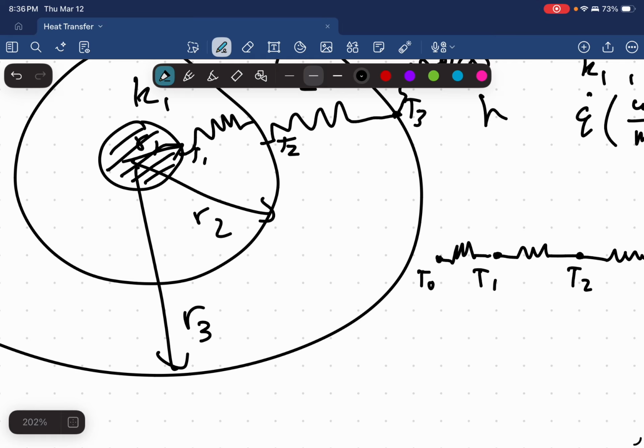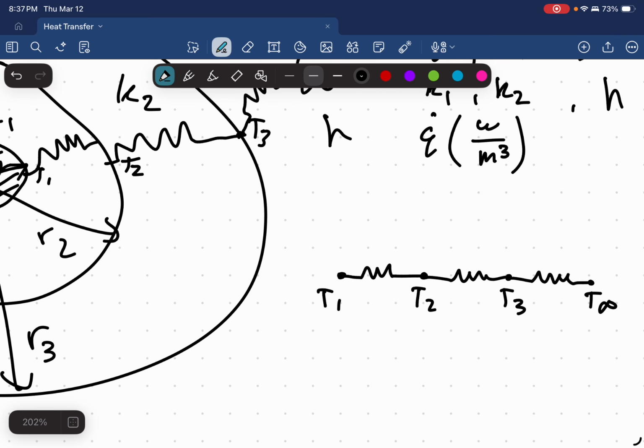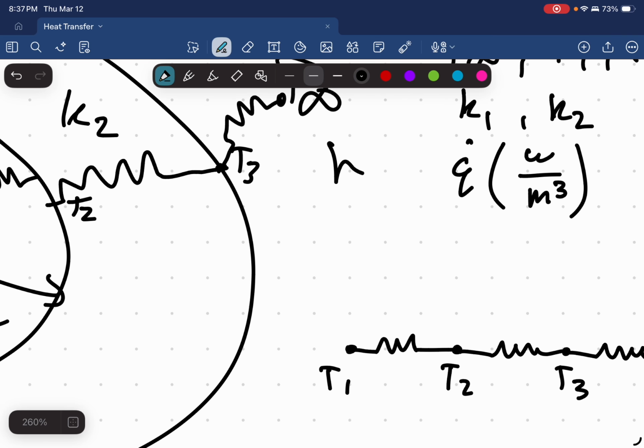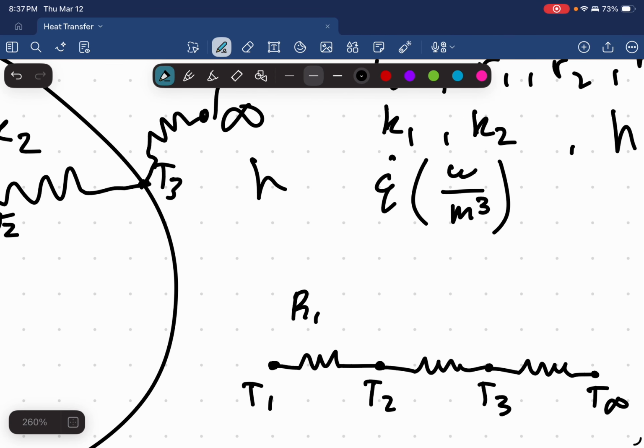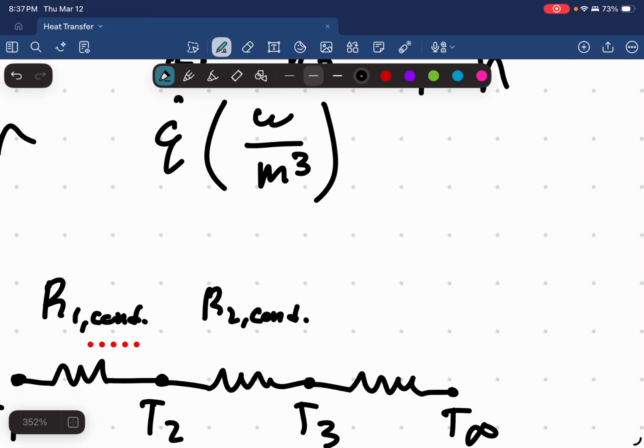So the heat gen's happening all in this region, so we can't use that region. So that's why we start at T1 this time. So between T1 and T2, we have just R1, we could say, conduction, and then R2, conduction. And then between T3 and T infinity, we have the R, convection.